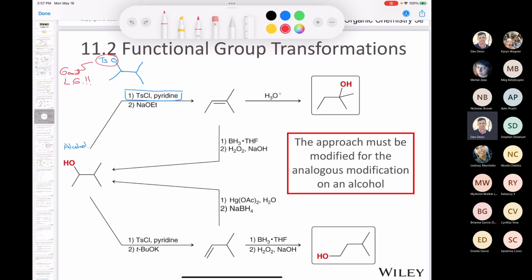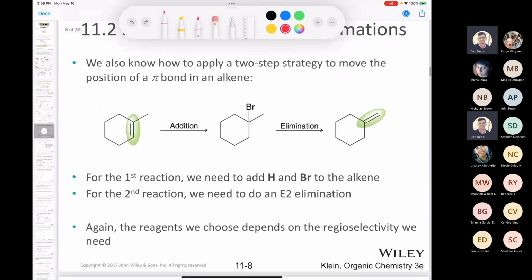So you see how we have to modify the approach when we go from a bromine to an alcohol. Why? Because bromide is a good leaving group, since it's the conjugate base of HBr, which is a strong acid. But hydroxide is a strong base. It is not a good leaving group. It is the conjugate base of a weak acid.